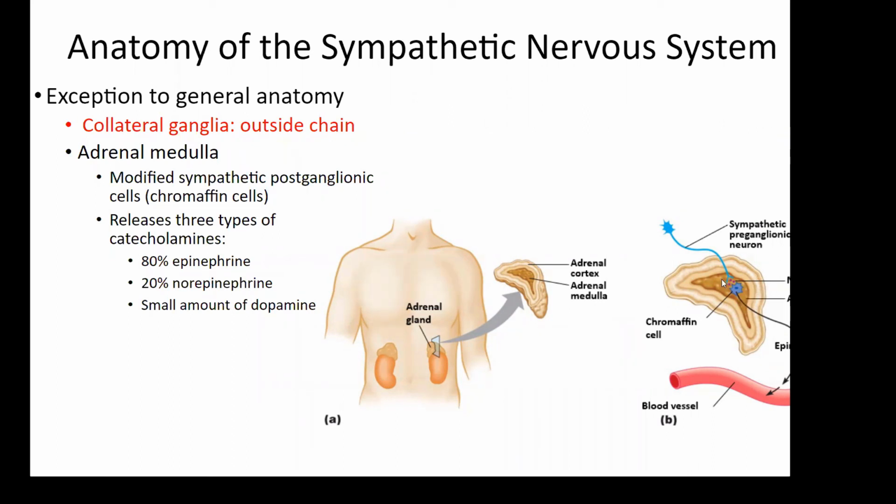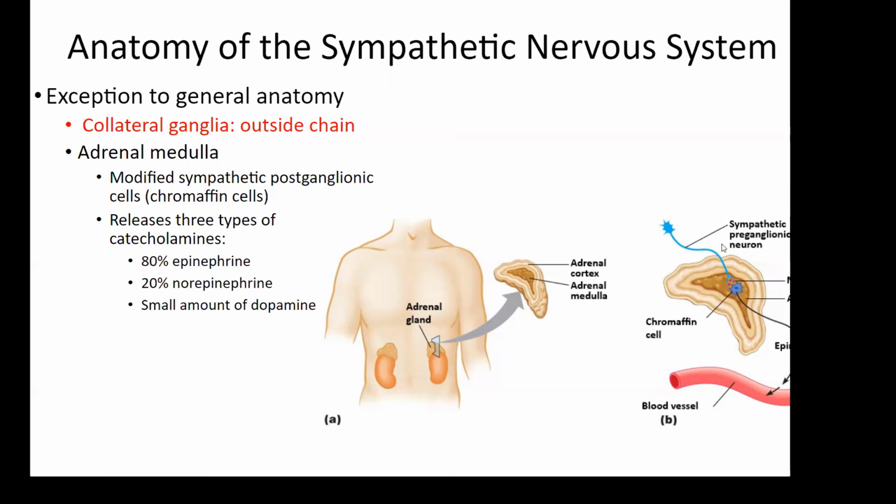And the adrenal glands basically have a modified version of our sympathetic postganglionic neurons. So when we look at the adrenal medulla, it looks like these are just adrenal cells, which they are, but we can also think of them as our postganglionic cells.